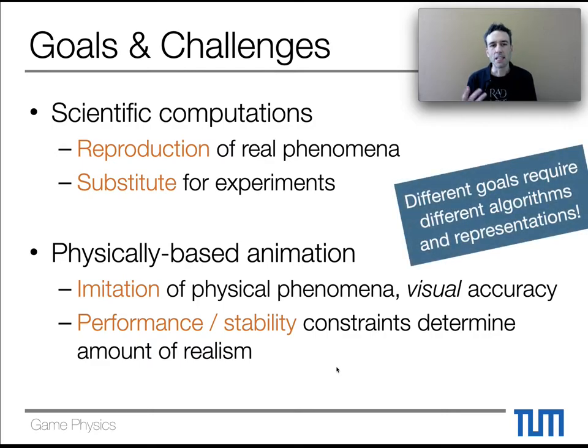So these constraints and goals deviate at least partially from the traditional ones in regular computational science applications, and hence part of this lecture will target these differences and algorithms that have been at least partially tailored towards the desired representations for real-time animation.